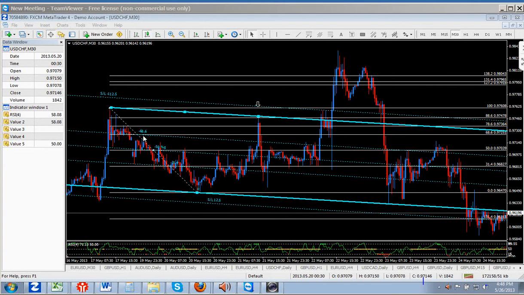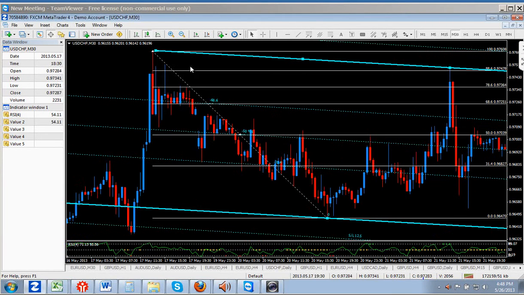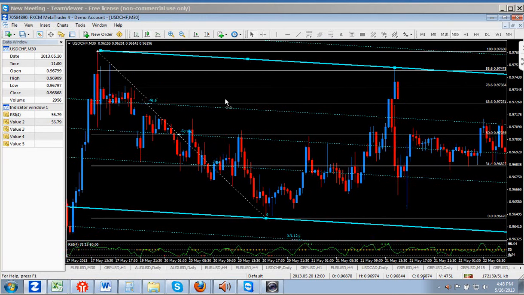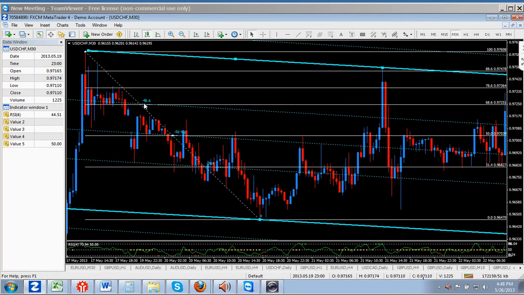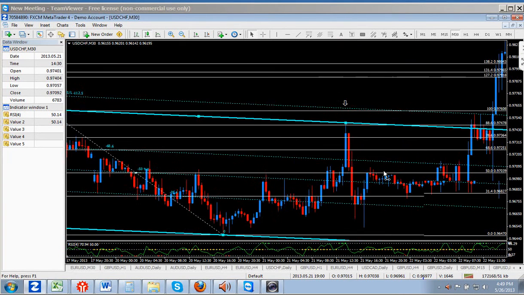Okay, if we look on the chart, and I can zoom for you guys, the first level I have as minus 68.6. The second one is the same, it's 50%. The third one is minus 31.4. Now, you can't take those numbers literally, but there's a method to that madness for levels.